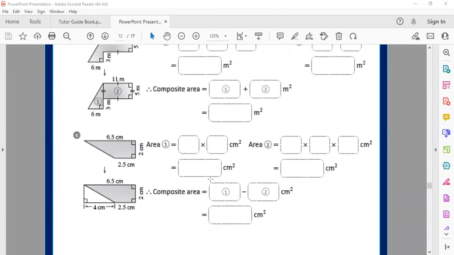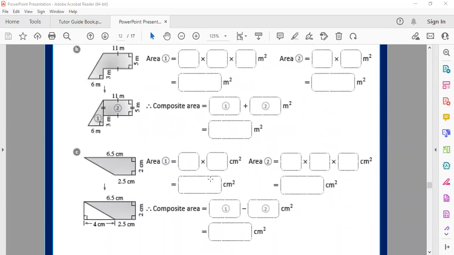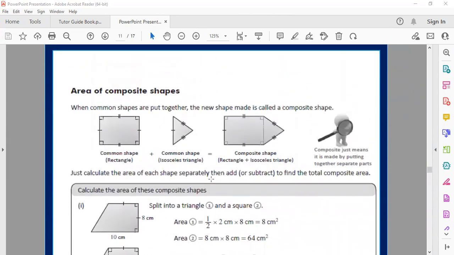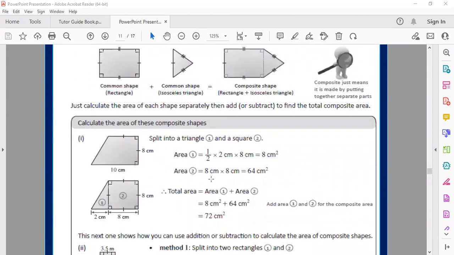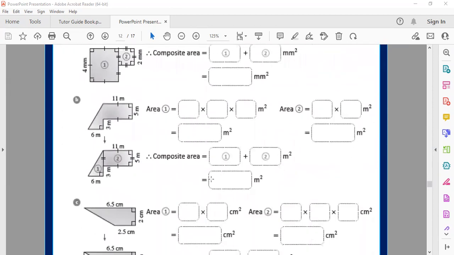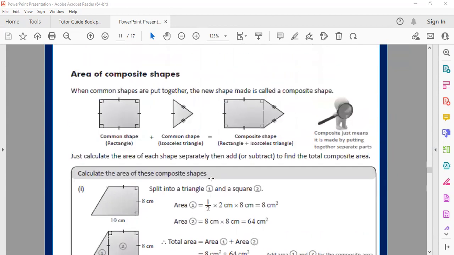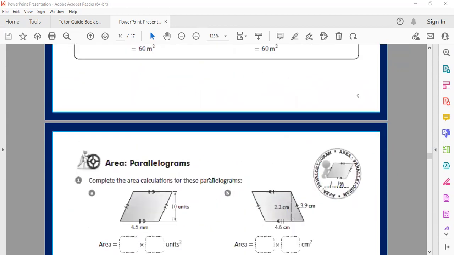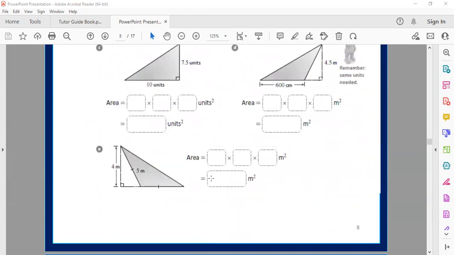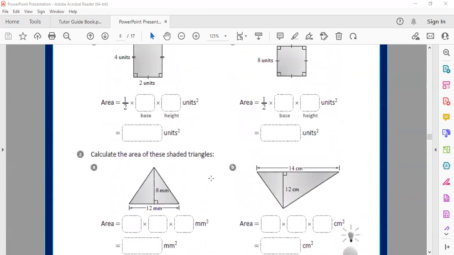What you are going to do after this class is go through this, because it's the same thing. It's nothing new. Go through these notes and do these questions, starting from parallelograms. I will do triangles today. We will do this page.